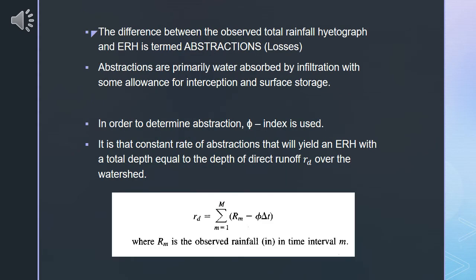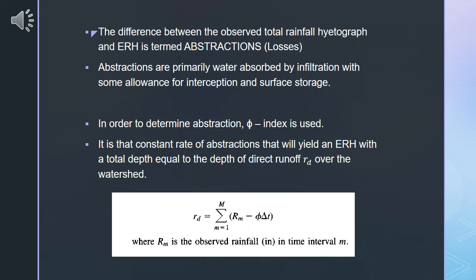The difference between the observed total rainfall hydrograph and the excess rainfall hydrograph is termed abstractions, which are also known as losses. Abstractions are primarily water absorbed by infiltration with some allowance for interception and surface storage. That means losses are primarily water absorbed by infiltration.